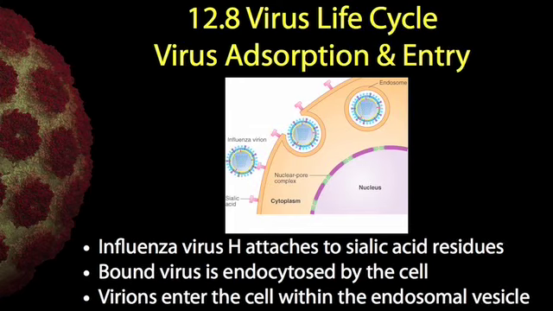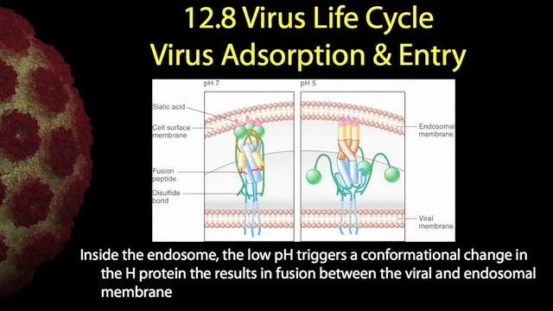Once bound, the virus is endocytosed. And when it's in the endosome, the low pH initiates a conformational change in that hemagglutinin molecule, so the chains within it rearrange, which promotes fusion between the viral and the endosomal membrane.